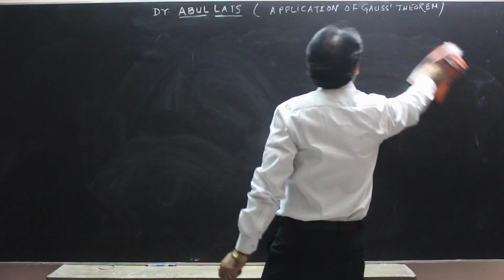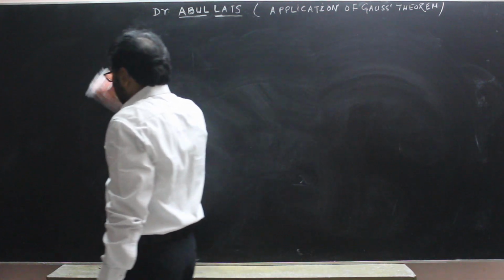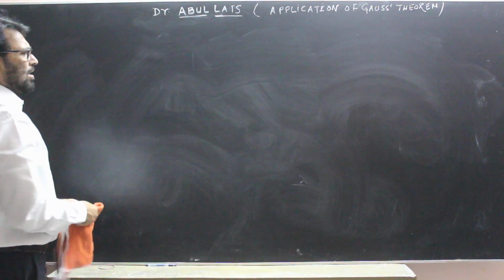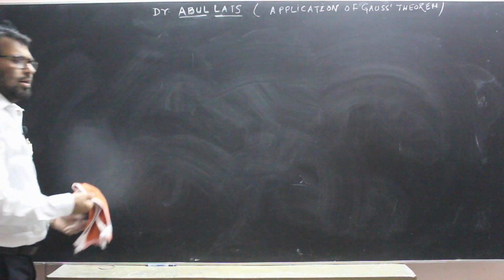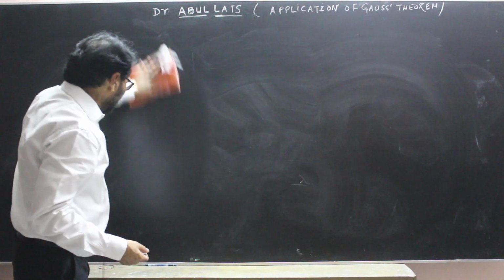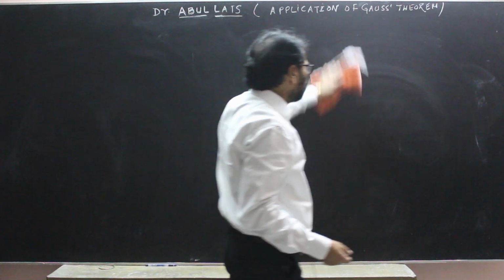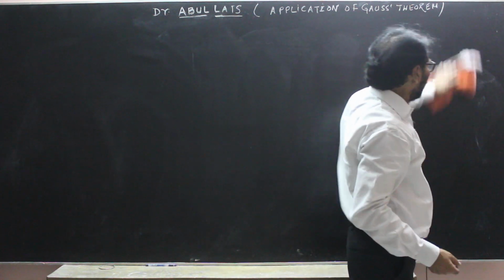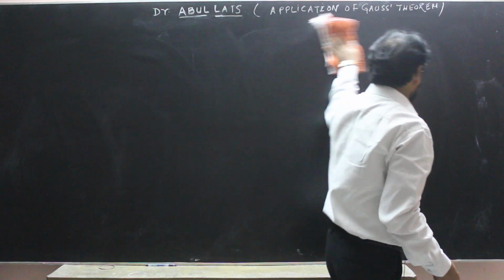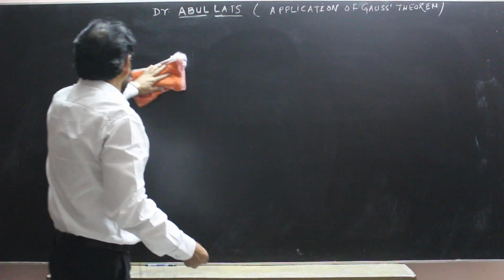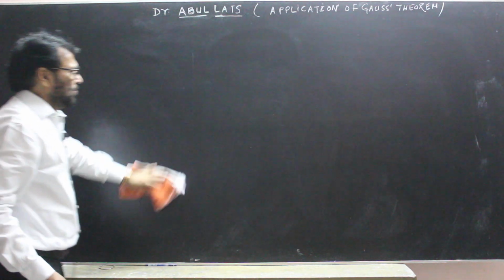It may be a conducting sheet or it may be a non-conducting sheet also. Whether it is conducting or non-conducting, we can calculate the value of electric field due to an infinitely long sheet having surface charge density sigma as follows.